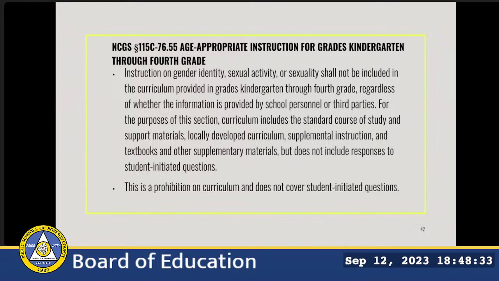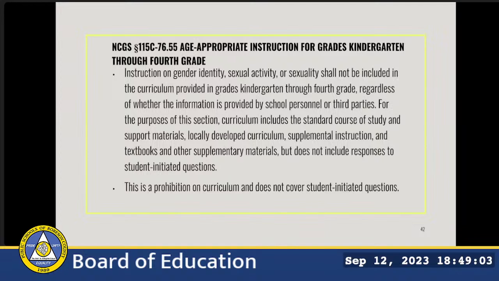But what this says is that there shall not be any instruction dealing with sexuality or sexual activity in grades K through 4, regardless of whether the information is provided by school personnel or third parties. And for purposes of this section, curriculum includes everything: the standard course of study, any locally developed curriculum, any supplemental instruction or materials, but it does not include responses to student-initiated questions.